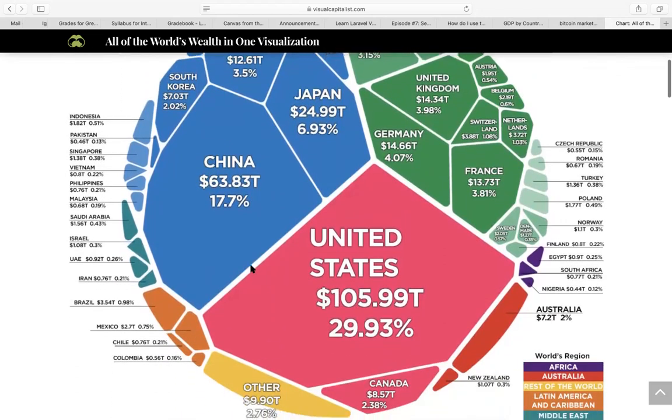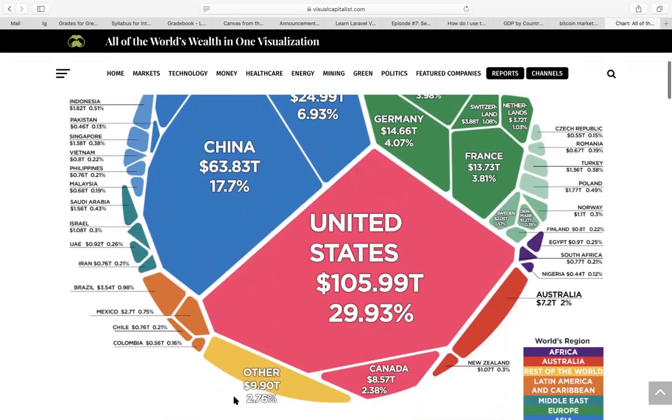But the types of folks that we talked about in our scenarios, right, are like the folks here living in Iran, and they have 0.76 trillion, right?